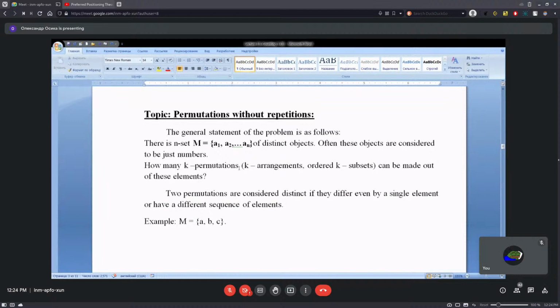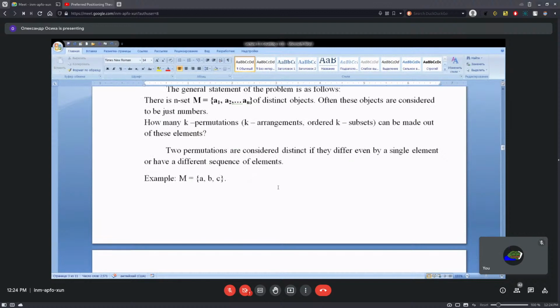How many k permutations, or another name for permutations, k arrangements, just arrangement in some sequence, ordered k subsets, can be made out of these elements?